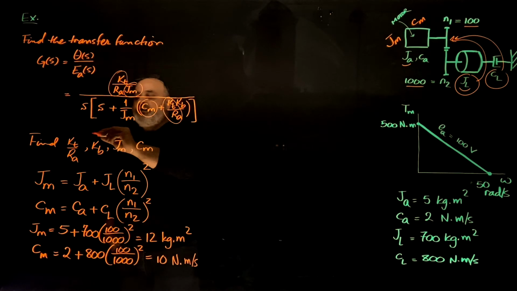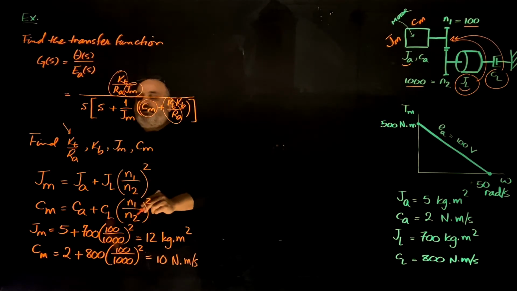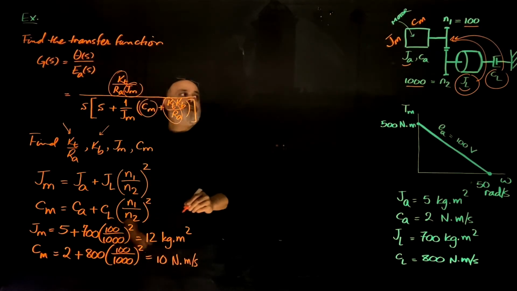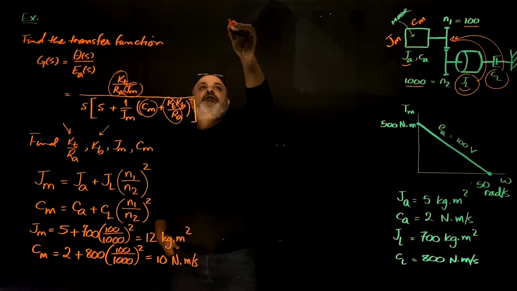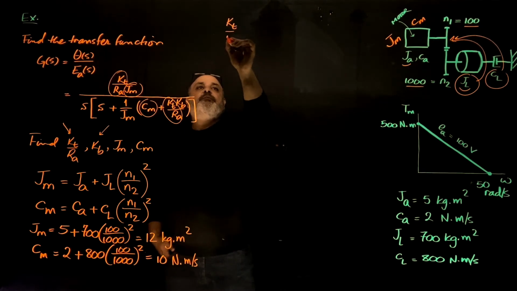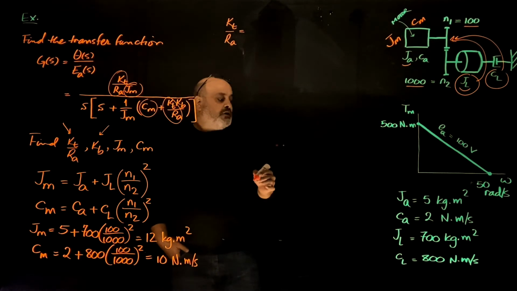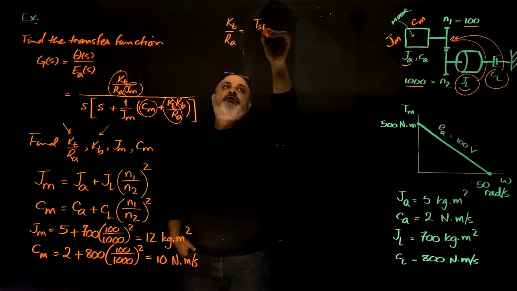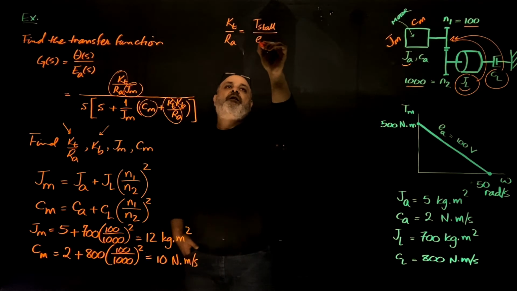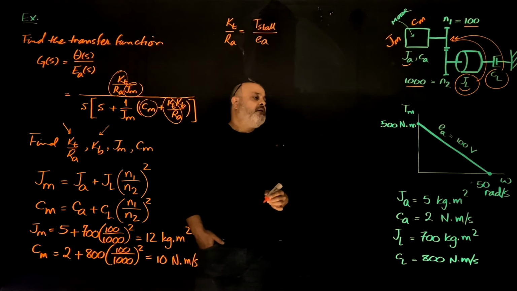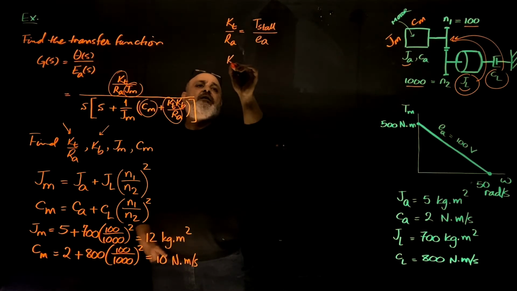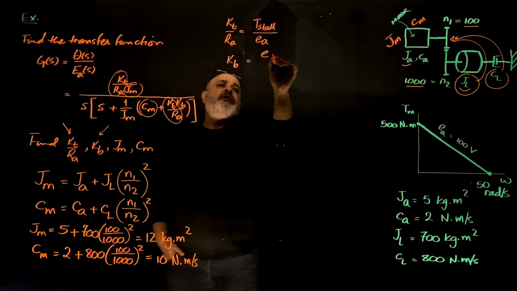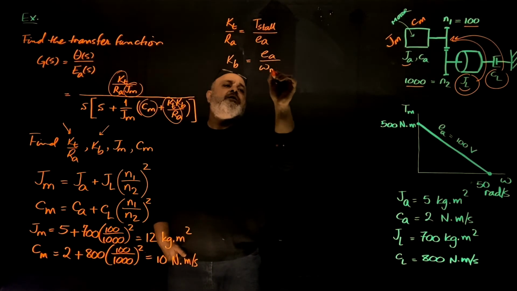I still need the KT divided by RA and the KB. The parameter KT divided by RA, we found out that this is T stall divided by EA, the test voltage, the input to the motor, and KB was EA divided by omega no load.